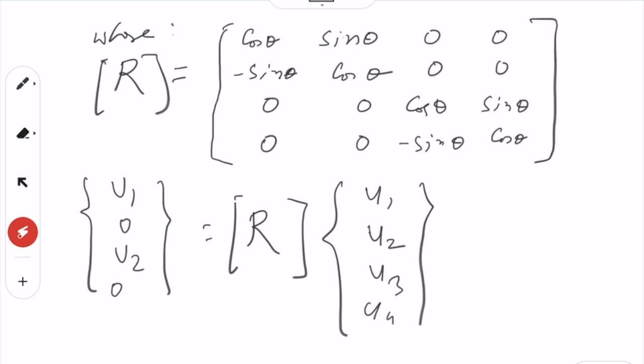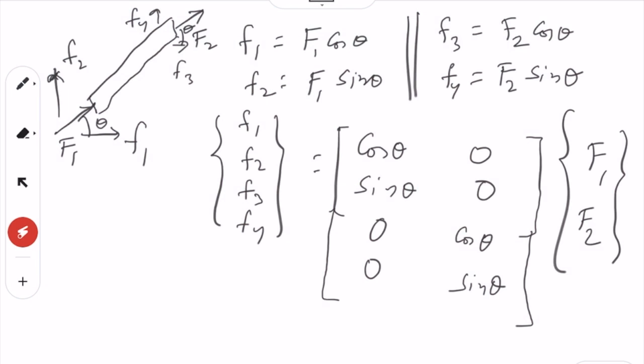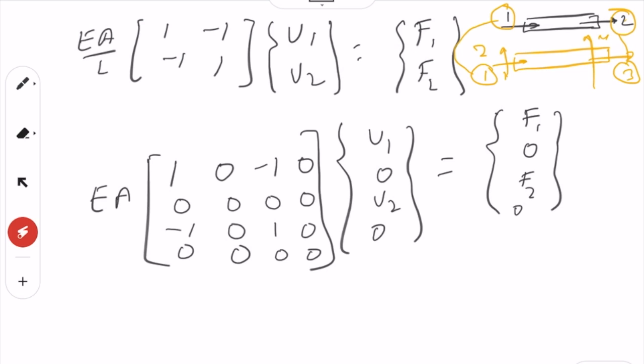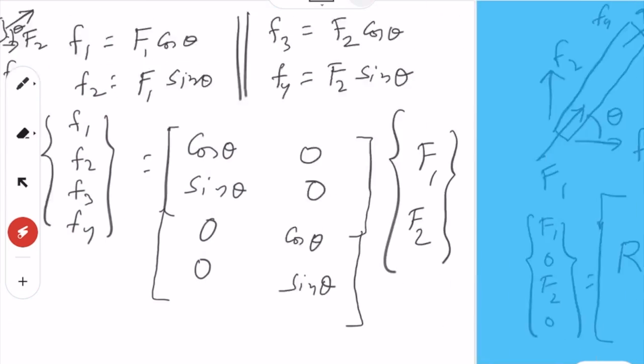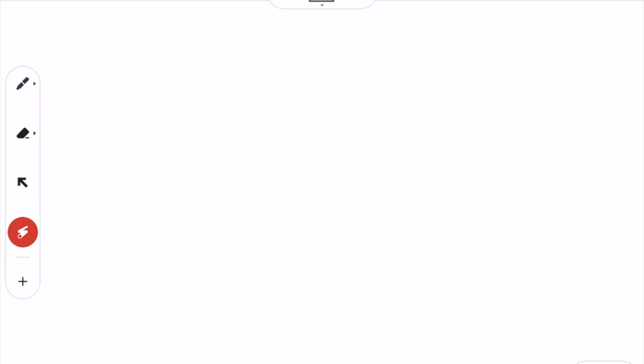Okay, the next is how to relate with the K, since there are two systems. If we look at this, this is the K which has been derived from the 1D system. So not to forget, we should relate with what we know already.